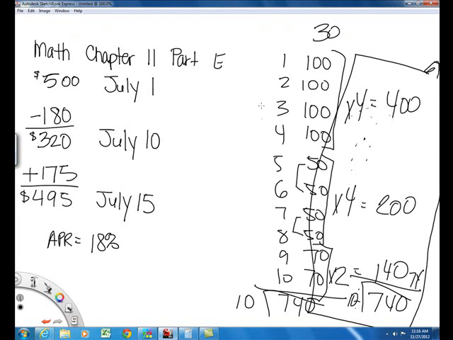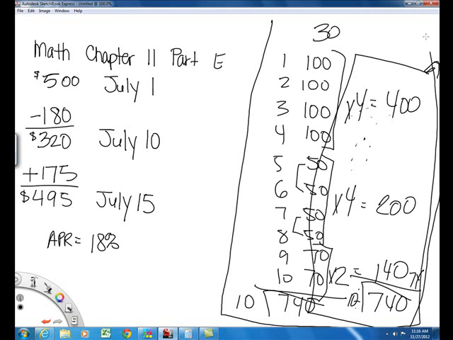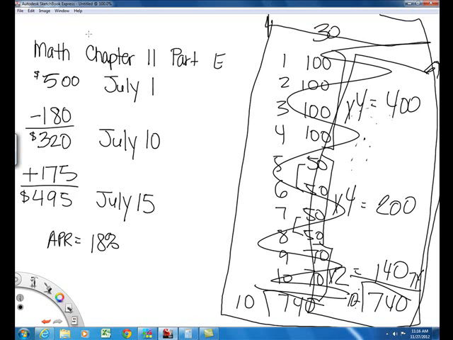So let's go back now. From July 1 to July 10th, but not including the 10th, we were at $500. So 500, we were there for 9 days. I can count it with you. The 1st, 2nd, 3rd, 4th, 5th, 6th, 7th, 8th, 9th.